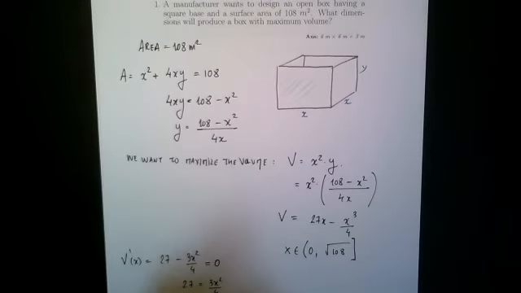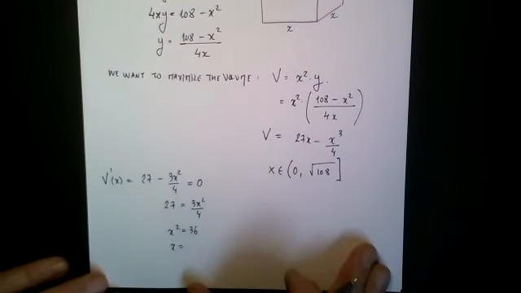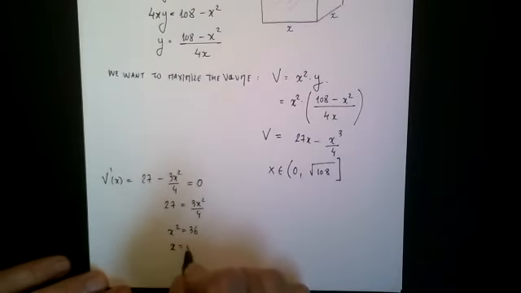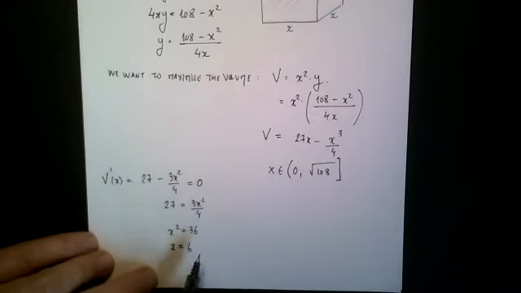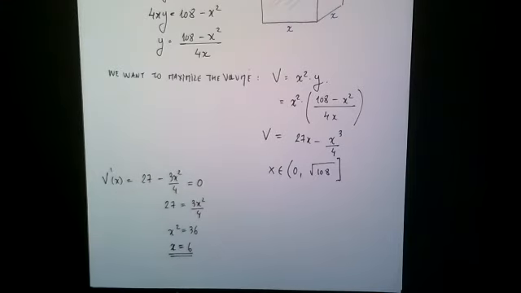Divide by 3, times by 4, you get x² equals 36. And so x has to equal plus or minus 6, but of course x can only be positive, it can be at least 0, so x is 6. Any questions?